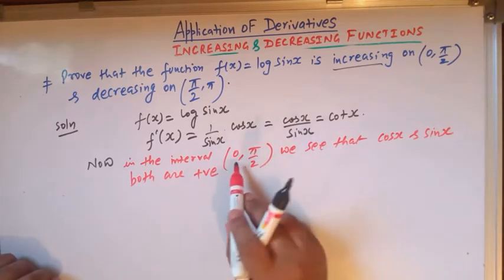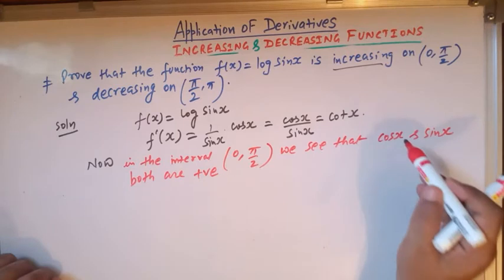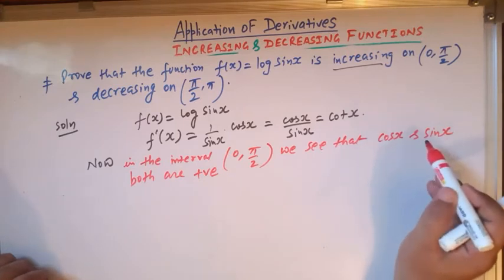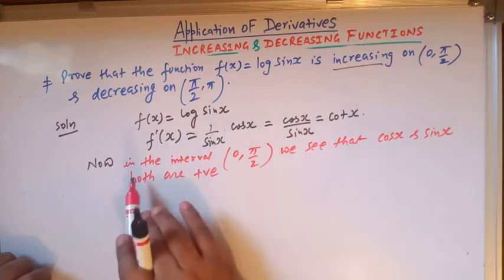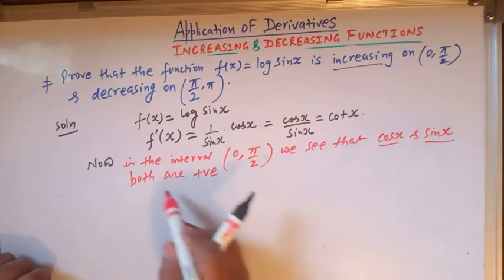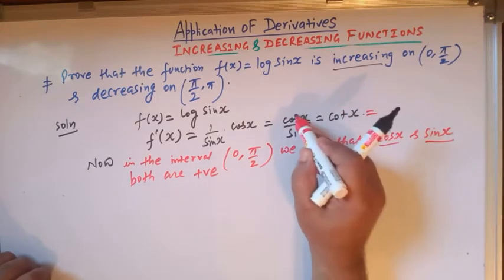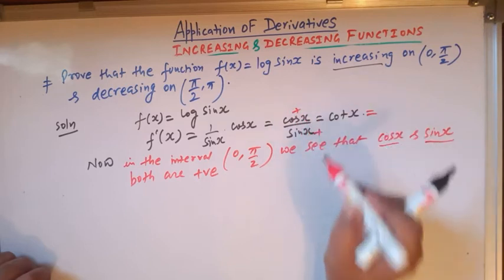Viewers, in the interval 0 to pi by 2, it is very clear from the graph of the functions as well that in the interval 0 to pi by 2, cos x and sin x both are positive. So here this is positive and this is also positive.